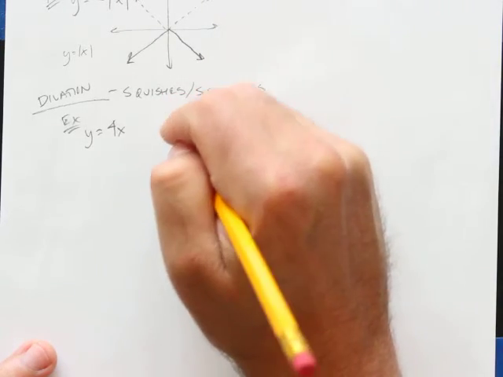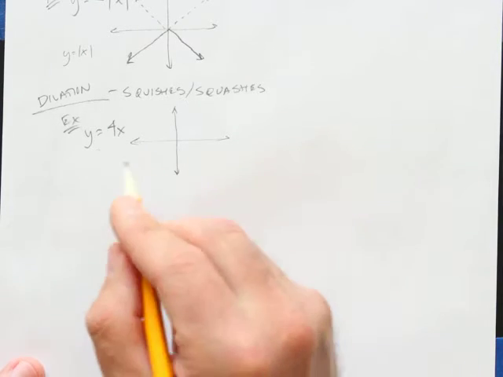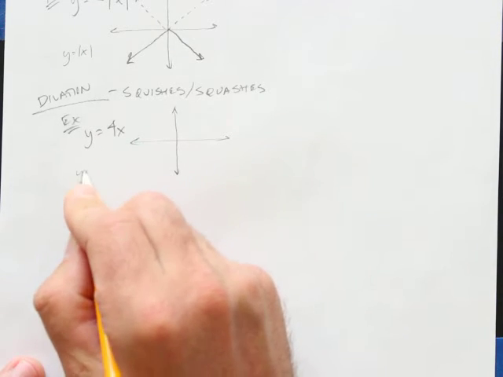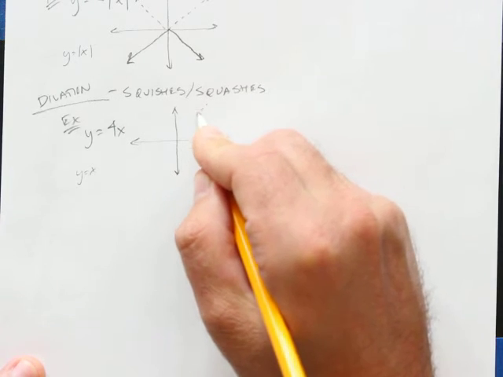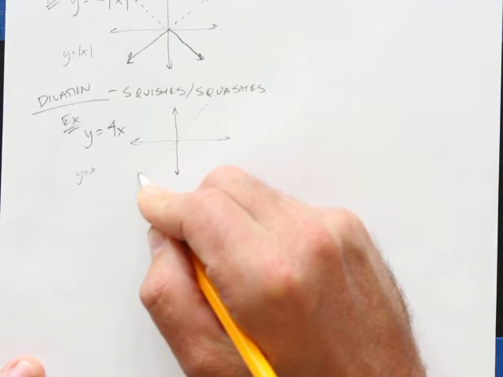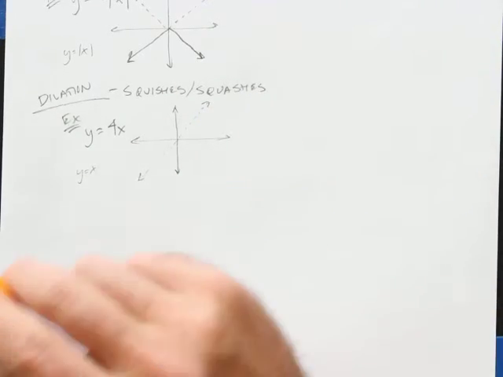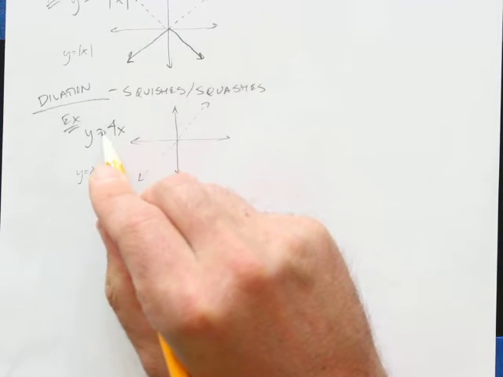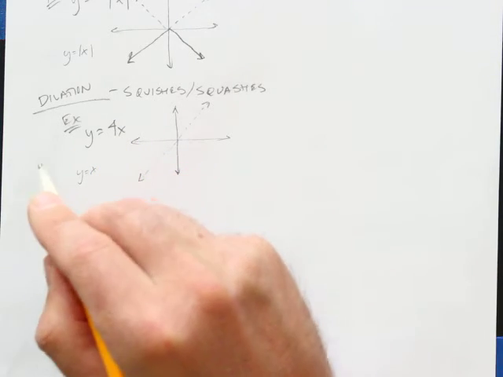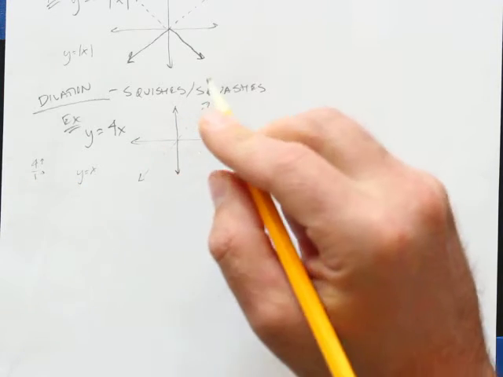So if I have my coordinate plane, the parent of this graph is y equals x. So that goes like this. Oh, I should go left to right, but there it is. Now, if I remember from Algebra 1, my slope here is 4 over 1, so I go up 4 and to the right 1.